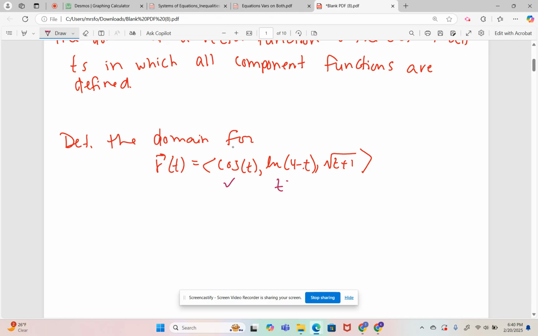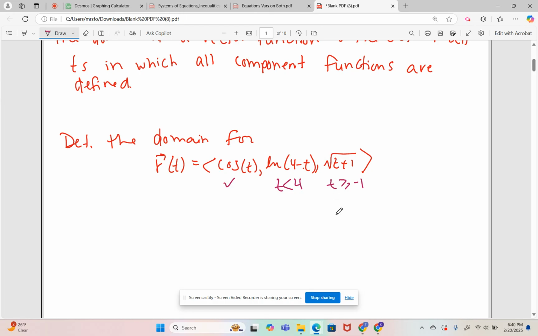And then for the third component, we can only take the square root of 0 or a positive, so t has to be greater than or equal to negative 1. And this needs to be t less than 4. My goodness. T has got to be less than 4 because the t comes after 4 minus t, because it has to be above 0.